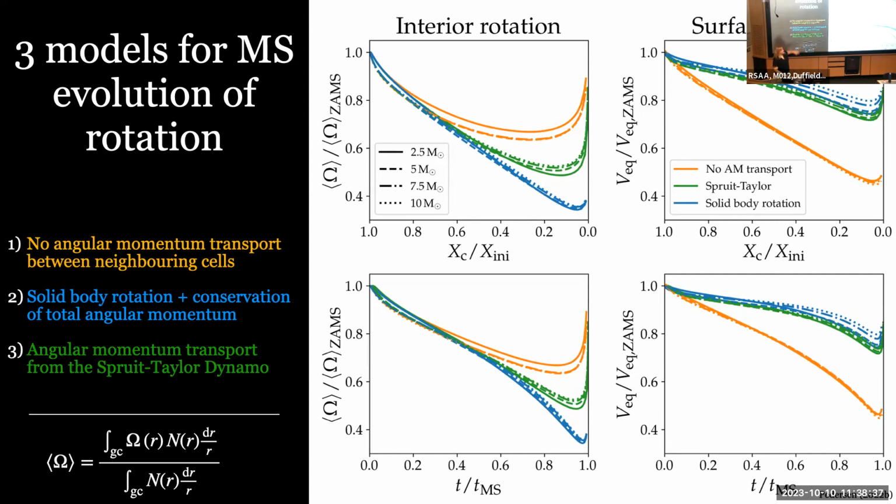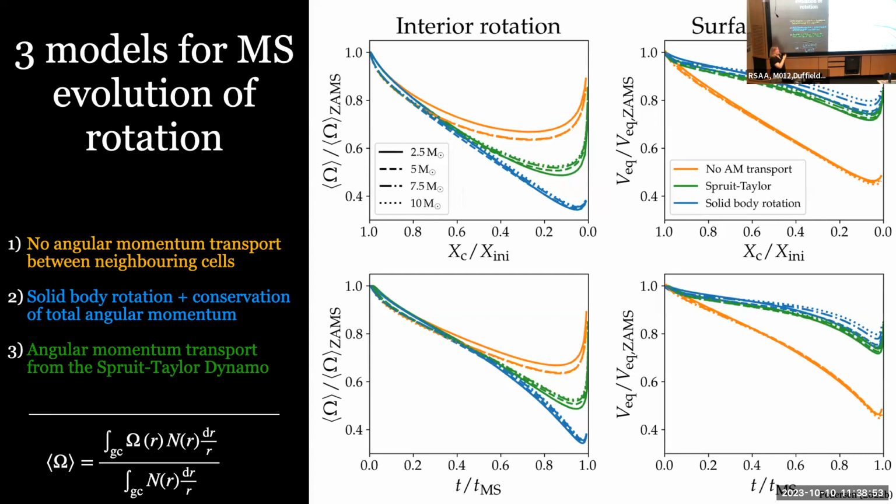On this diagram, I'm showing you on the top and bottom panels, the only difference is the age indicator again, so whichever one you prefer looking at. The difference between left and right is whether we're looking at the interior rotation or the surface rotation rate.